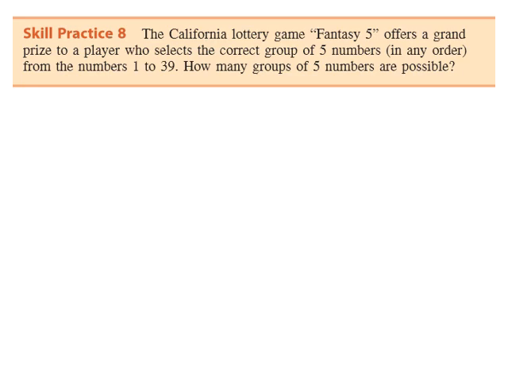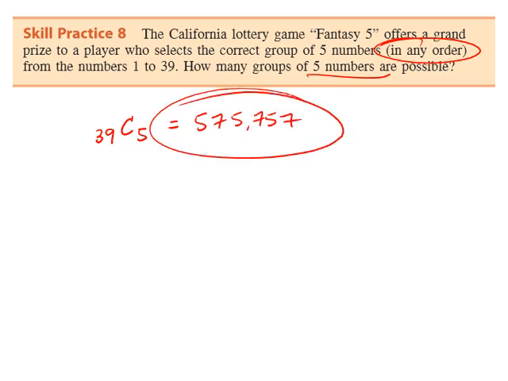Well, it does not say they have to be in a specific order. In fact, they can be in any order. So the first number chosen doesn't matter as long as you end up with the 5 numbers. So since the order doesn't matter, we'll have 39 choose 5, which results in 575,757.